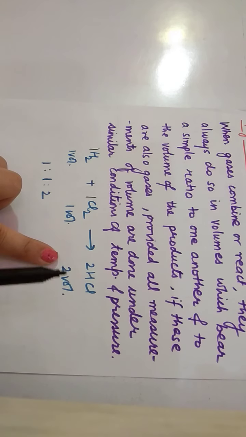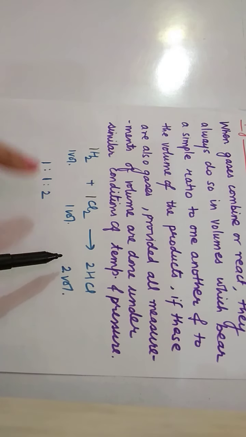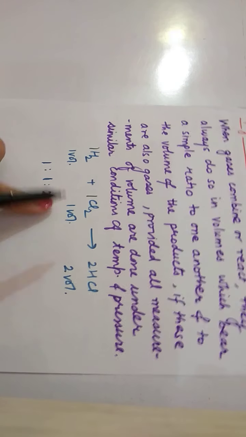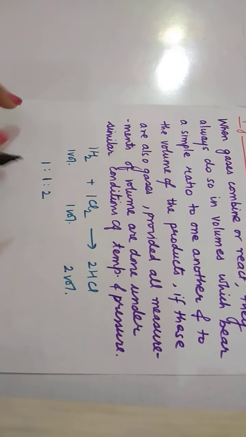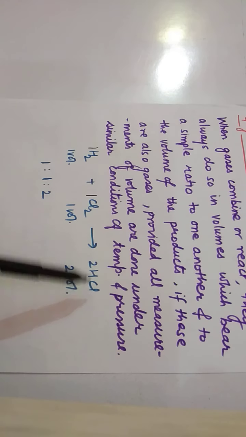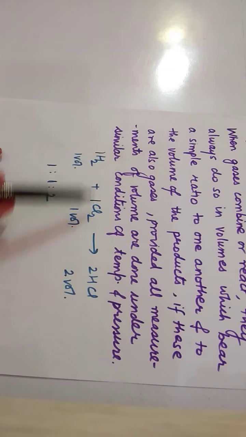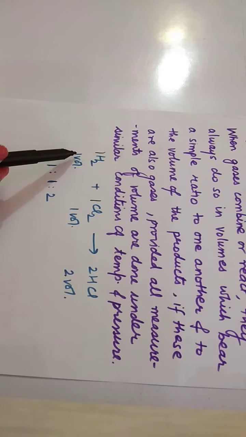This gas has two volumes, so two volumes of HCl are formed when you combine one volume of hydrogen with one volume of chlorine. So the gases which combine in volume bear a simple whole number ratio to each other. If you take out the ratio of their volumes, it will be 1:1.